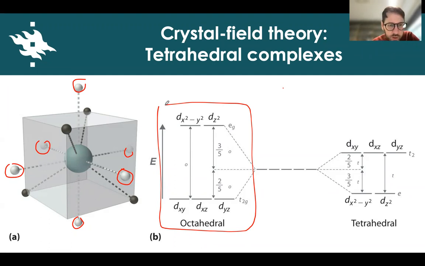spherical case. So in the case of a tetrahedral complex, it is very useful to approach it by placing the ligands, or the negative point charges, in these positions of a cube, in which the point charges are located in alternate corners of a cube with the metal atom at the center.